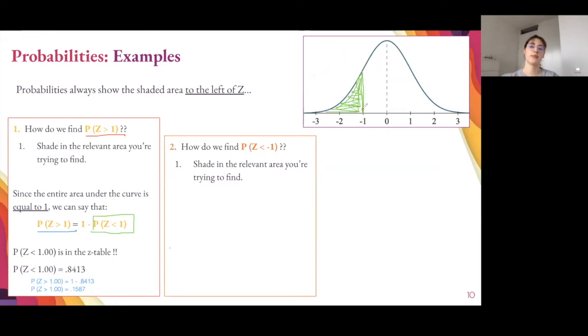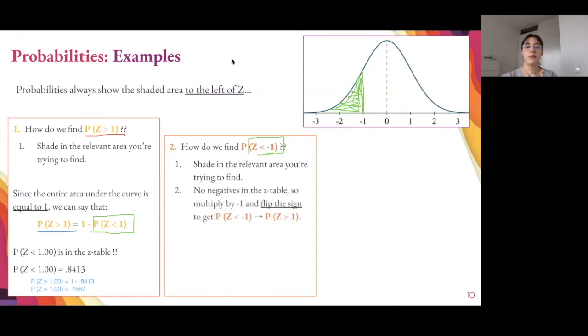Like this. However, now the issue is that there are no negative z-scores in the z-table, so we can't use the z-table with a negative value. In this case, we need to change this from a -1 to a +1. But whenever we do so, we need to flip the sign as well.